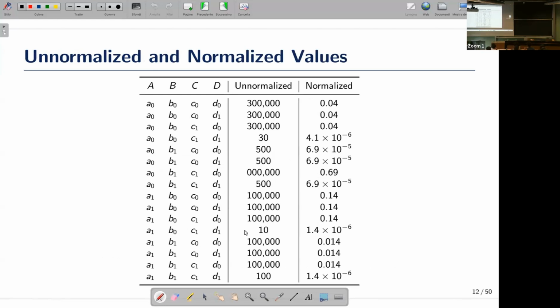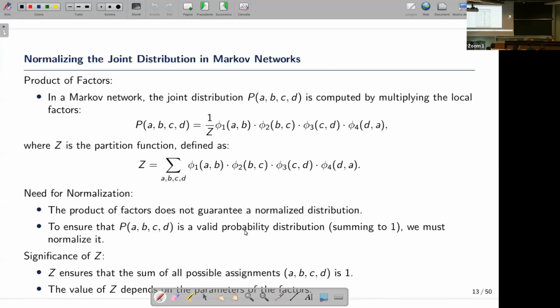And then if I divide this by Z, which is the constant of normalization, the sum of all of them, you obtain the joint probability. Okay? So the formula is here.